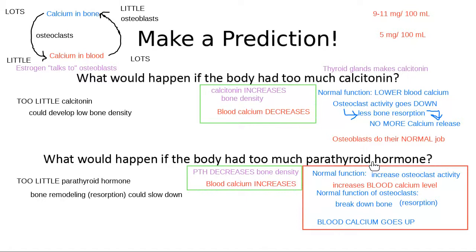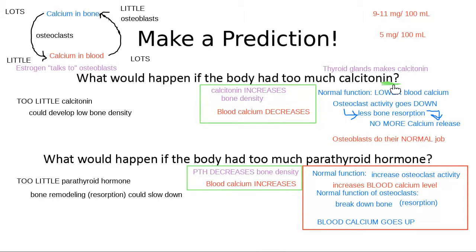I'm just realizing I never told you guys this. Here's a good way to remember what calcitonin does. Calcitonin makes calcium go in the bone tissue. Calcitonin, so underline here the in, putting calcium into your bones. Calcitonin, put it into the bones. Parathyroid hormone, pull it out.